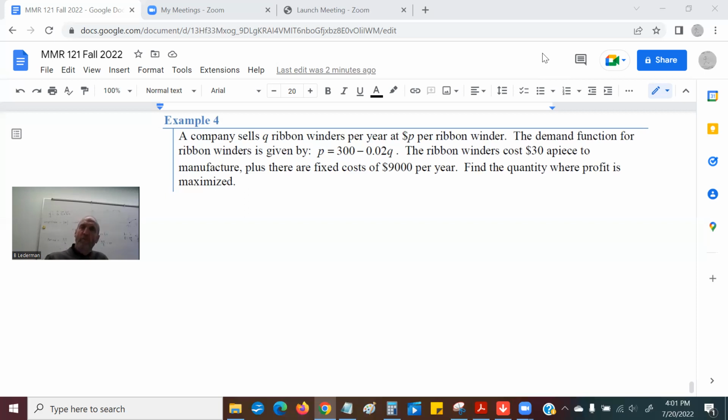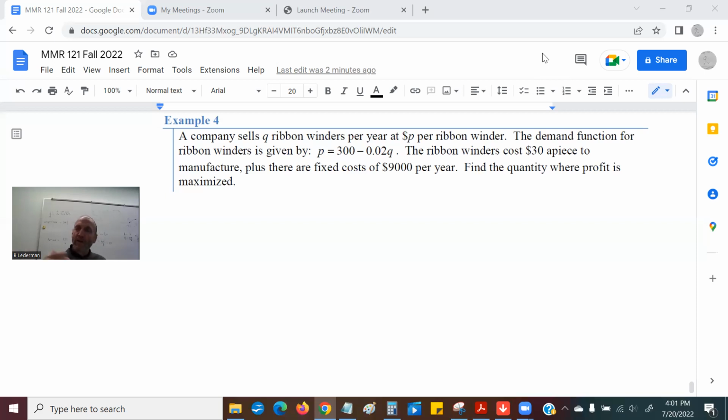Now, again, P is the price and Q is the quantity of ribbon winders. The ribbon winders cost $30 a piece to manufacture, plus there are fixed costs of $9,000 per year.